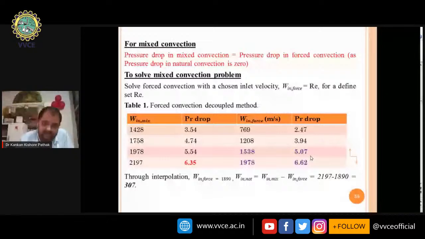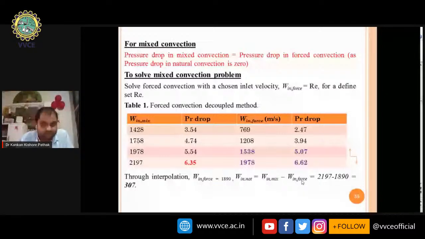Now through interpolation, using the values of the pressure drop along with this 6.35 in the middle, we can find the W in force. This W in force is 1890, and for W in natural, you can use W in mix minus W in force.